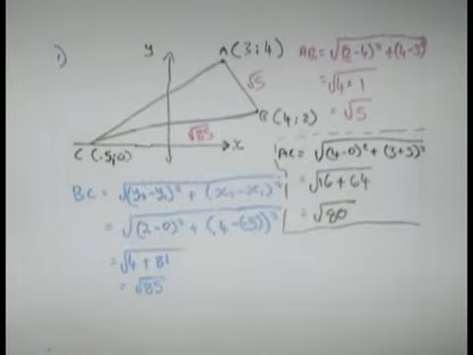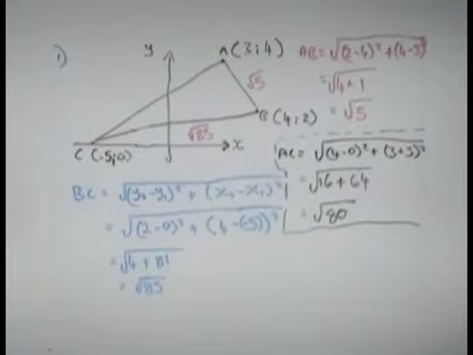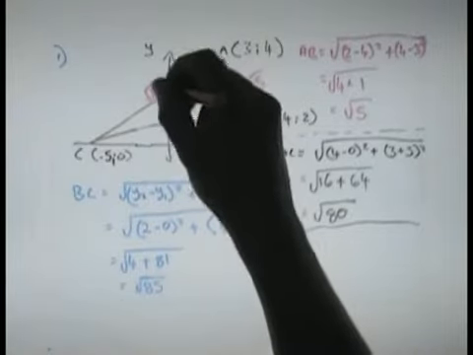Then number 2 says, is triangle ABC a right angled triangle with BC being the hypotenuse? Well, if it is a right angled triangle, let's just write this other figure in there, that's root 80.